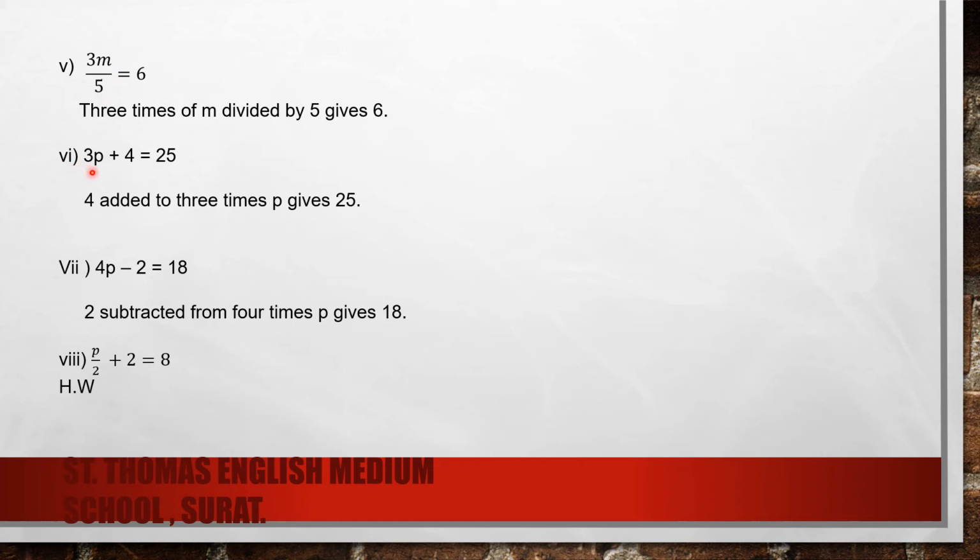Sixth one, 3p plus 4 is equal to 25. So how to write? 4 added to 3 times p gives 25. The next one, 4p minus 2 is equal to 18. So how to write? 2 subtracted from 4 times the number p gives 18. Clear? The eighth one, try yourself. You can do it as homework.